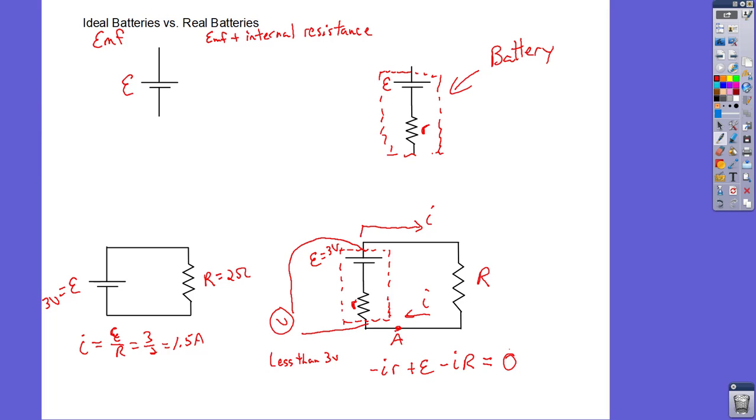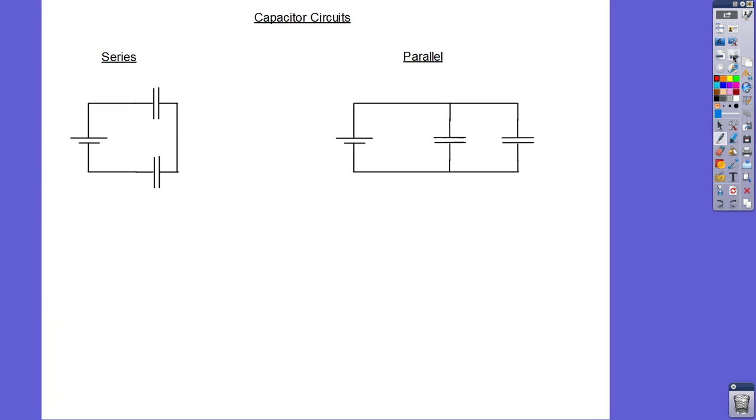Okay, so that's the idea there with internal resistance. It's not common all the time, but it's not really uncommon either. So maybe 25% of the questions will have an internal resistance. So I wanted to bring that up and remind you of what that is.